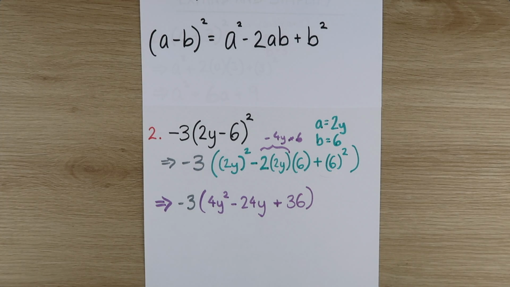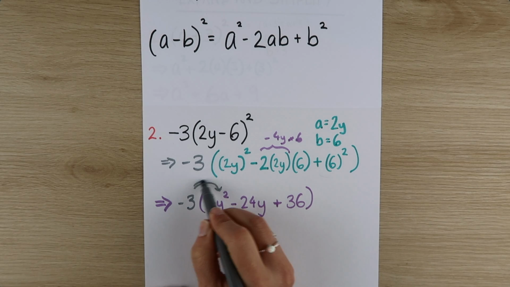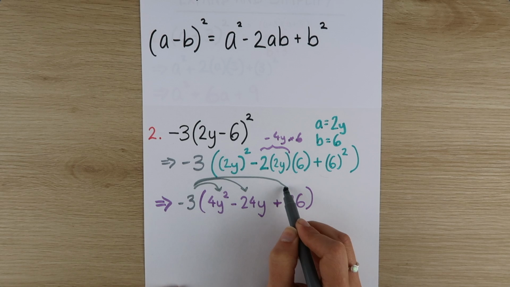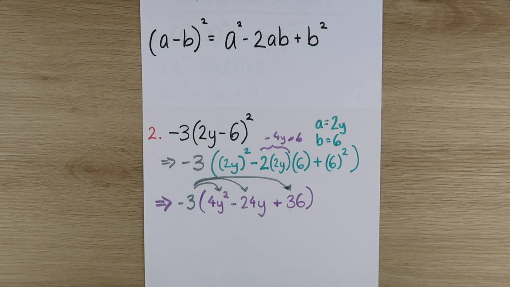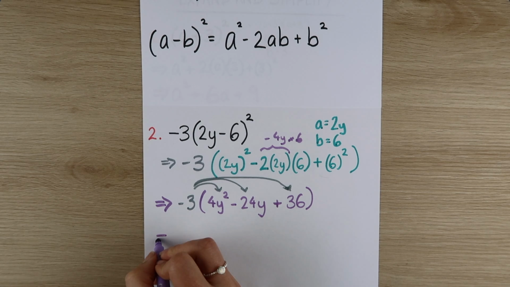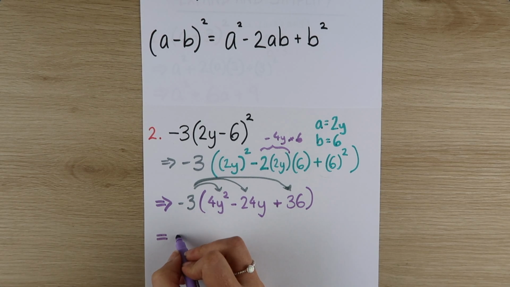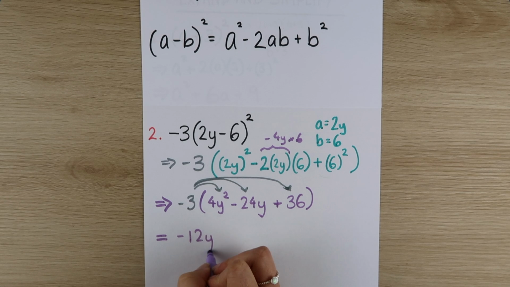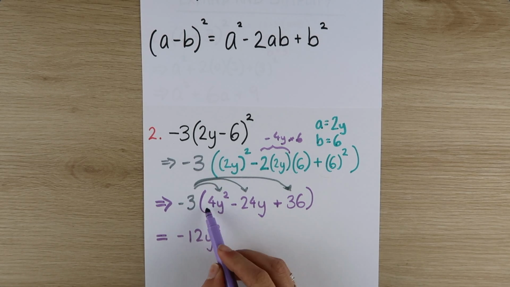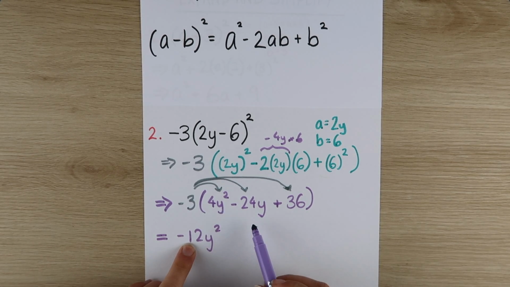This is where I need to apply my negative 3. And we're multiplying it by every single term that we've got in our new bracket. So my answer, negative 12y squared, because negative 3 times 4 is 12.